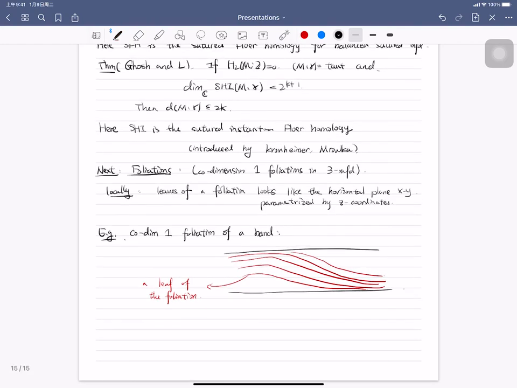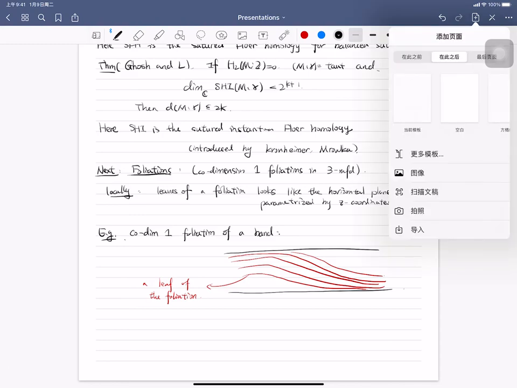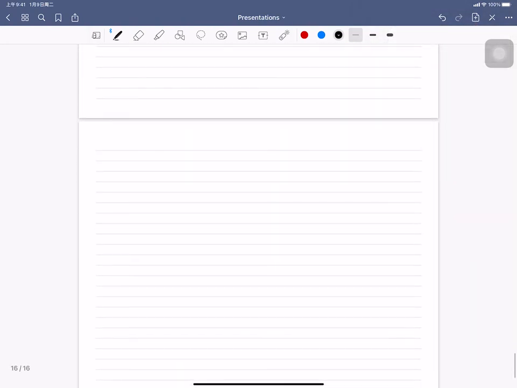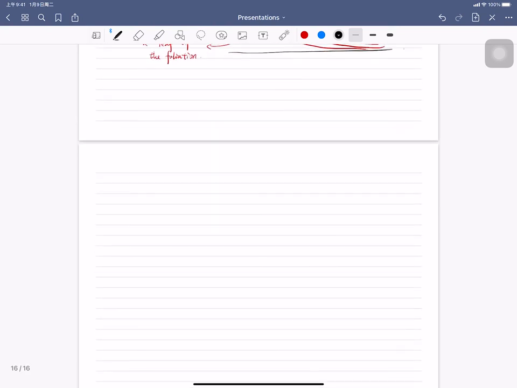And for foliations, there is a very important concept called taut foliation. So let me make this definition.